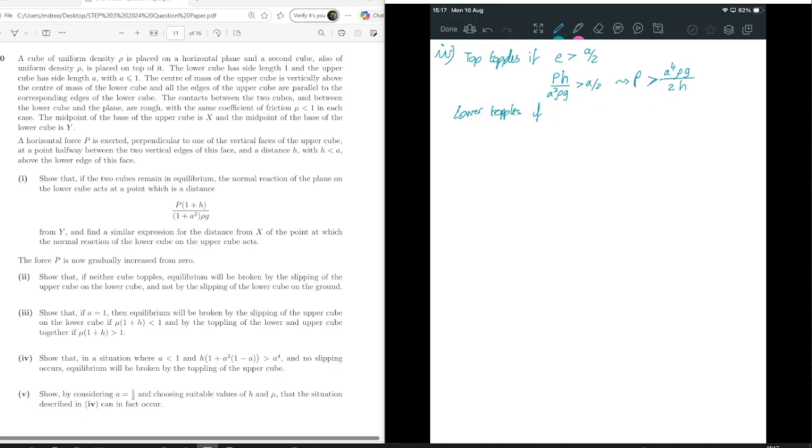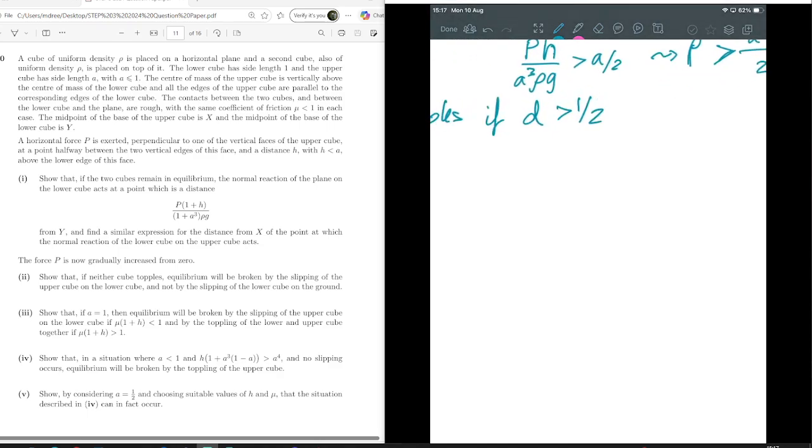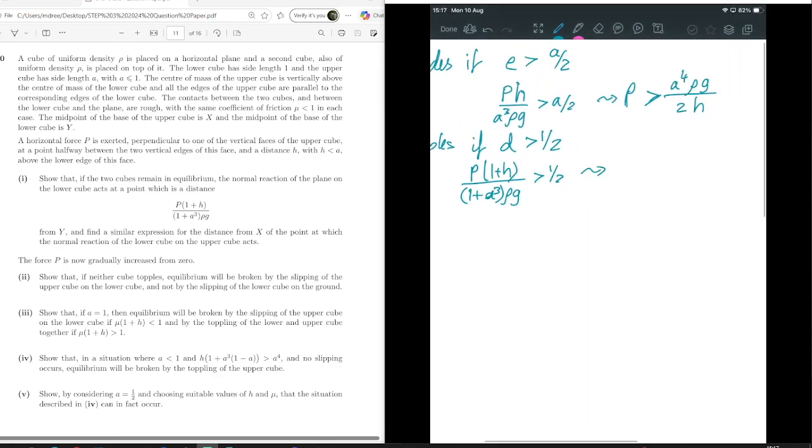The lower topples if this D is greater than a half, and that is that P 1 plus H over the 1 plus A cubed rho G is greater than a half, which is saying that P needs to be greater than 1 plus A cubed rho G over 2 1 plus H.